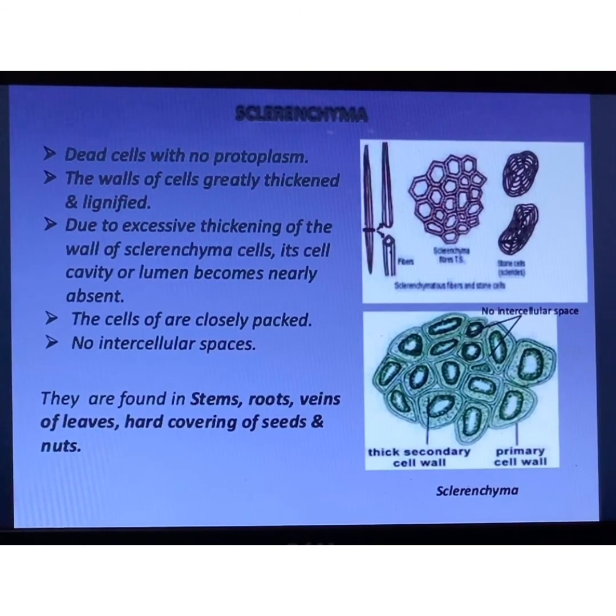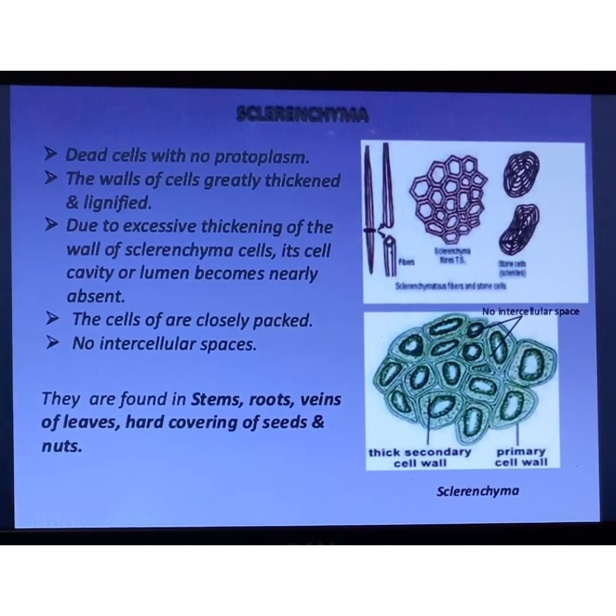These are dead cells as they have no protoplasm. So when meristematic tissues give birth to these cells, eventually as they mature, they lose their cytoplasm. The moment cytoplasm is lost, the cells die. But because of that lignin on their cell wall, they become the kind of skeletal support that the plant needs.